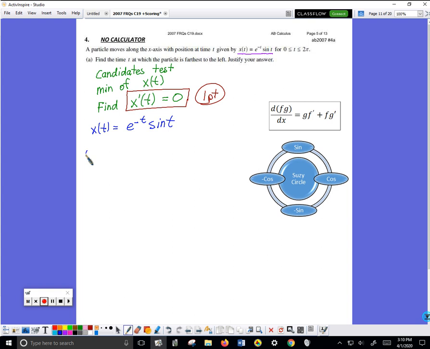So x prime of t is the second of the two multiplying functions multiplied by the derivative of this. The derivative of e to the something is e to that same something multiplied by d of the something. In this problem, the input variable is t, so this has to be over dt.